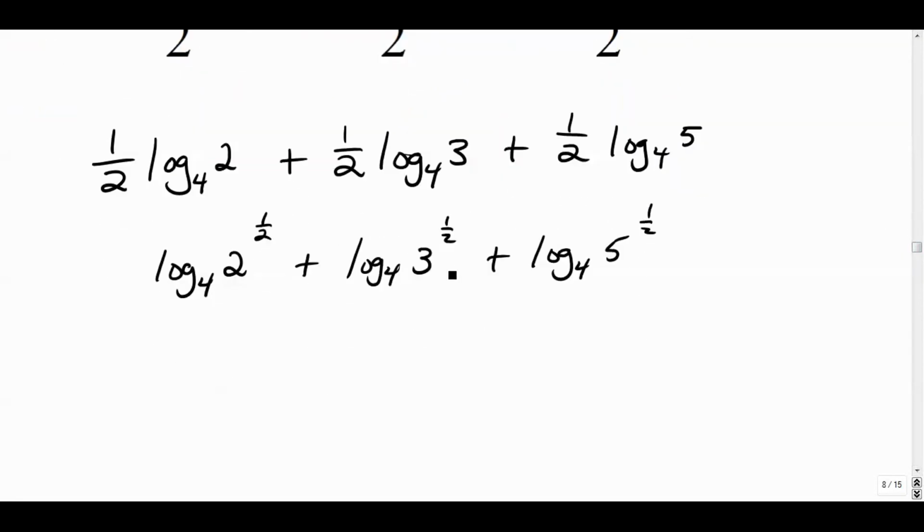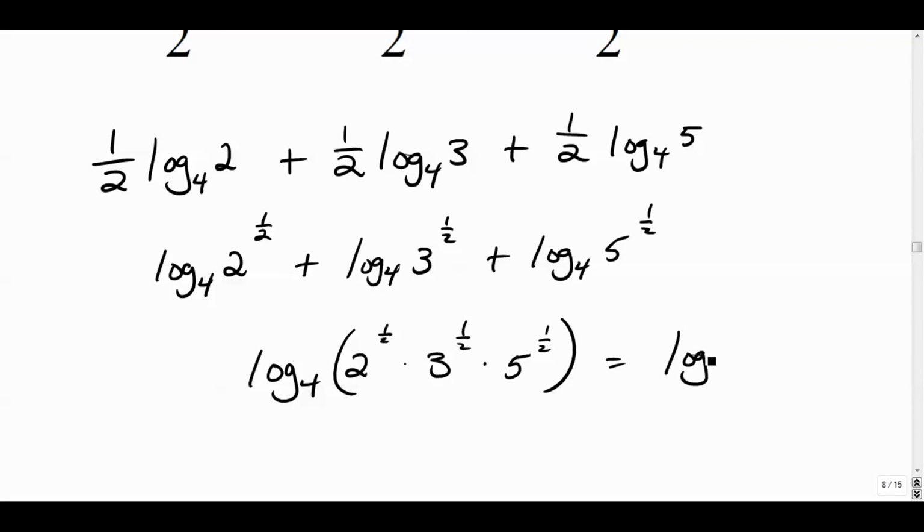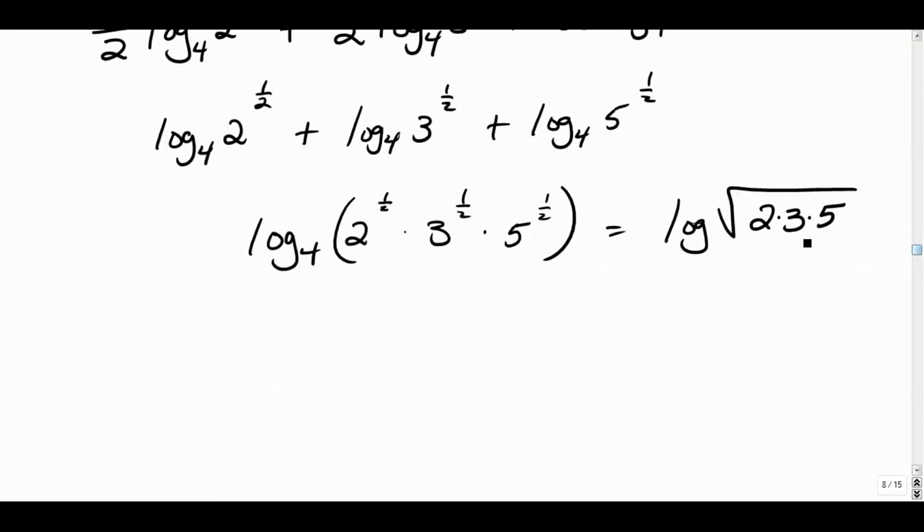And they are all added, so watch this, they all have the same base, so I can multiply them all together. 2 to the 1/2, 3 to the 1/2, and 5 to the 1/2. That 1/2, of course, translates into the square root. So 2 times 3 times 5, and 2 times 3 times 5 is 30. So log base 4 of root 30 would be your answer.